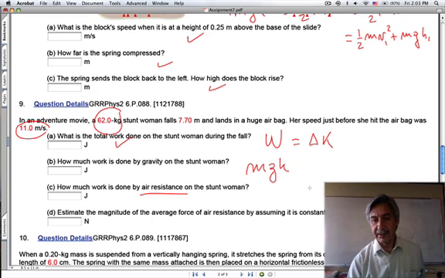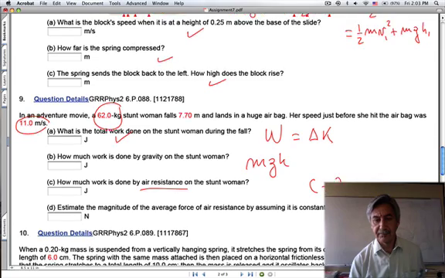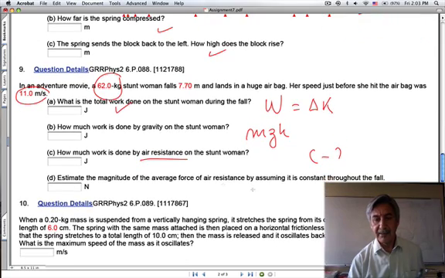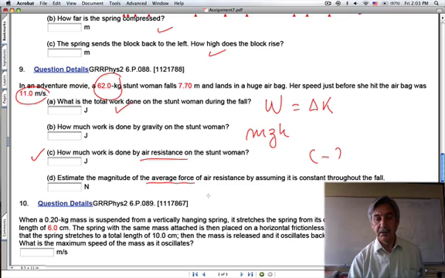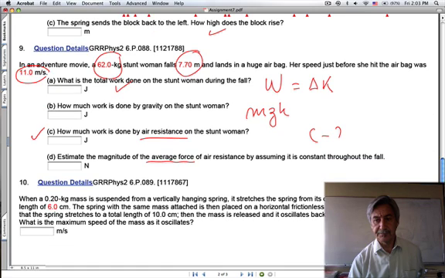And the work done by air resistance, you have to be careful that it's negative. The magnitude of the average force is this work times the distance. This work is equal to the average force times the distance, so that's how you find it.